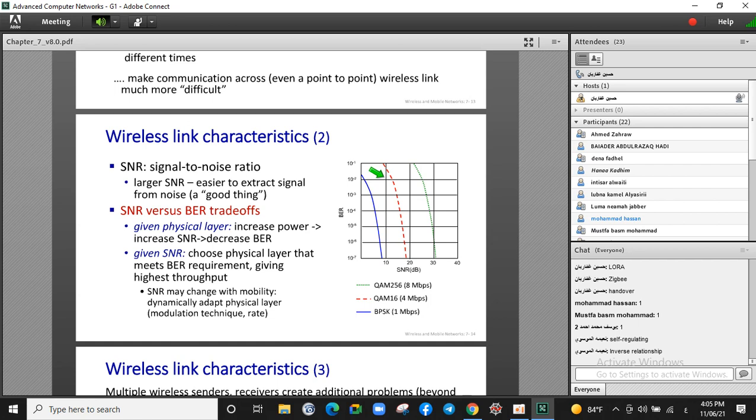And after that, by increasing bit error rate again, we need to change the modulation technique into, for example, BPSK or binary PSK.